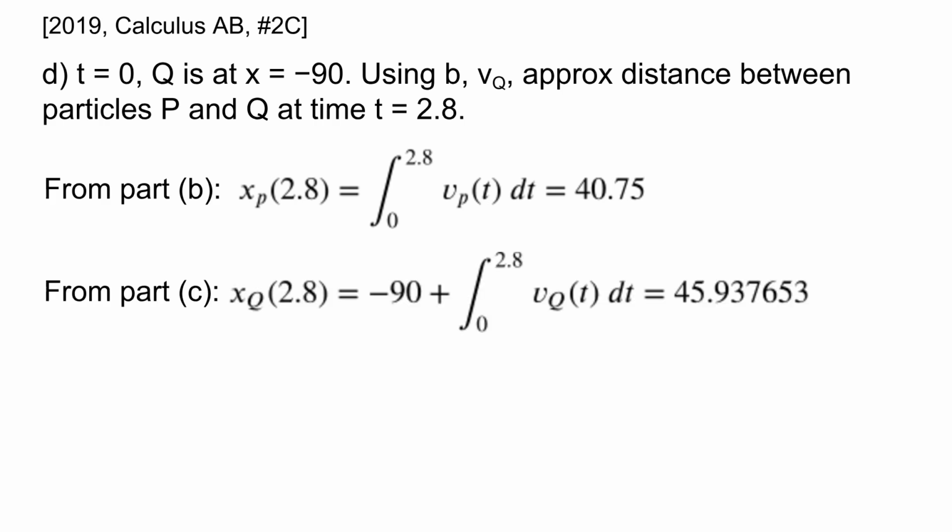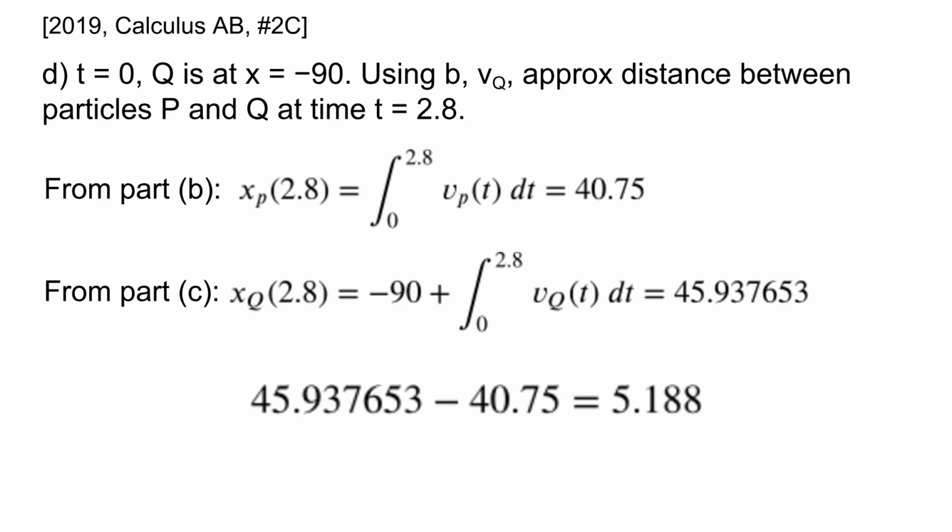And we can use the formula for v sub q of t in part C to calculate the position of particle Q at 2.8. That's going to be negative 90 plus the integral from 0 to 2.8 of v sub q of t dt. And because this is a calculator active question, we're going to solve this using our calculator. It turns out to be 45.937653.